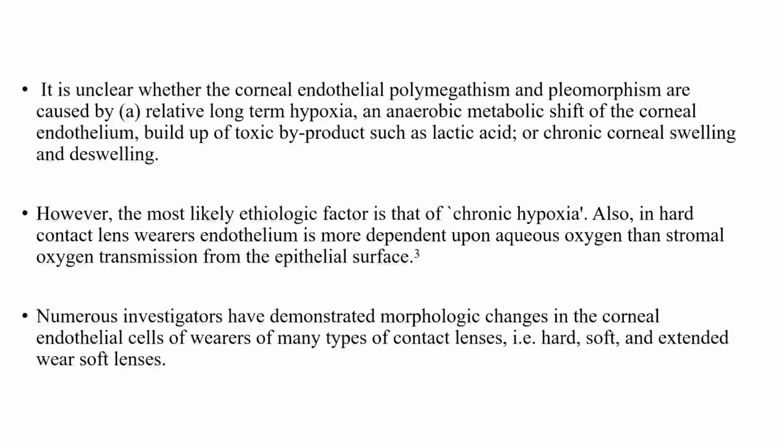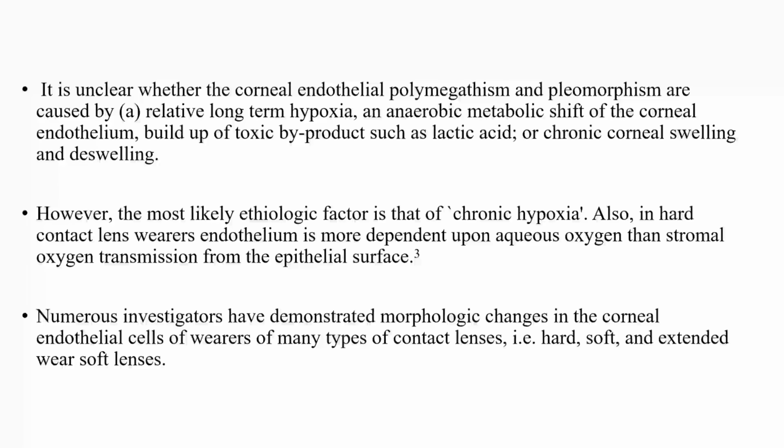It is unclear whether the corneal endothelial polymegathism and pleomorphism are caused by relative long-term hypoxia, an anaerobic metabolic shift of the corneal endothelium, which will lead to buildup of toxic byproducts such as lactic acid, or due to chronic corneal swelling and deswelling. However, the most likely etiological factor is chronic hypoxia. Also, in hard contact lens wearers, endothelium is more dependent upon aqueous oxygen than the stromal oxygen transmission from the epithelial surface.